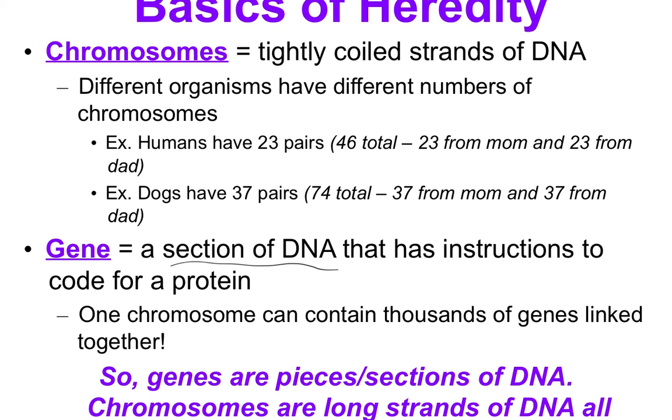On one chromosome, you can have thousands of genes that are all linked together that make all these different proteins to build this complex body. So genes are basically sections and pieces of DNA along chromosomes, which are long strands of DNA. And chromosomes are all bunched up.